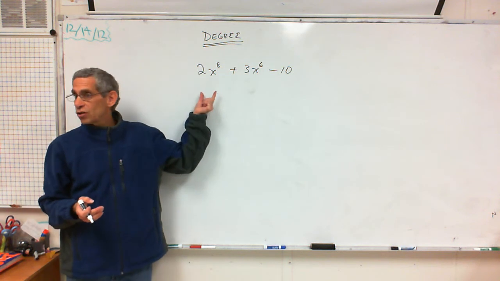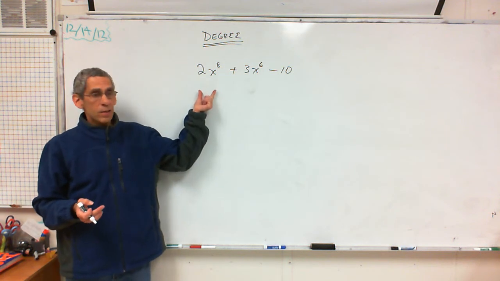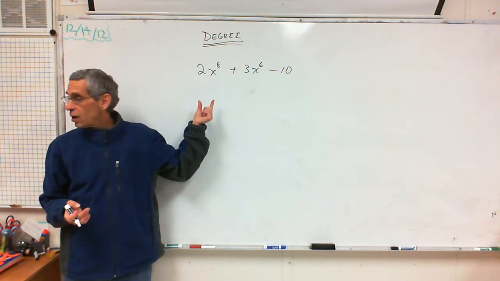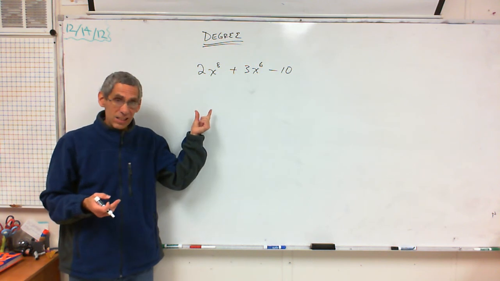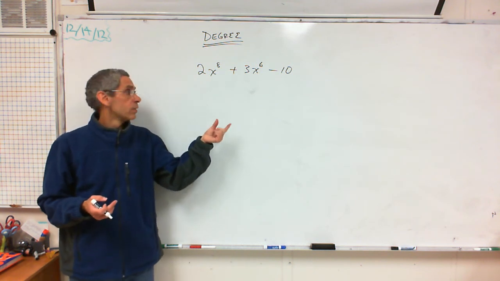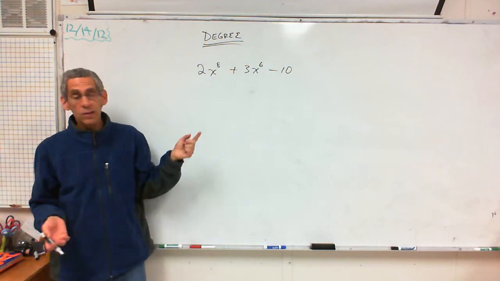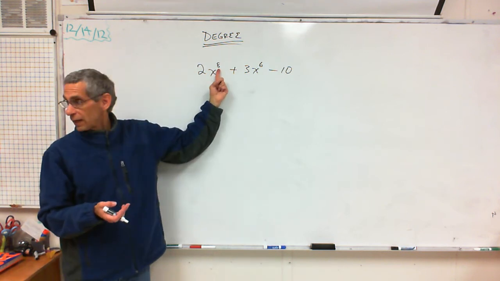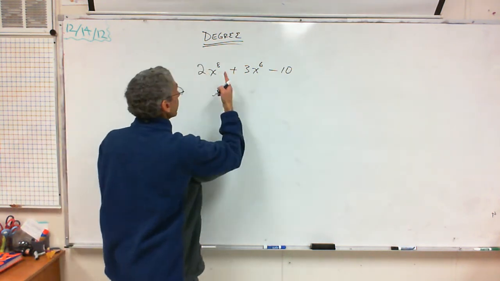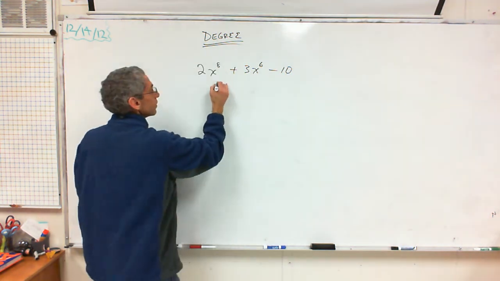You look at the term that has the biggest exponent. In this case, you have a 6 or an 8, the 8 wins. It's the biggest. So that is the degree. So you would say degree 8.